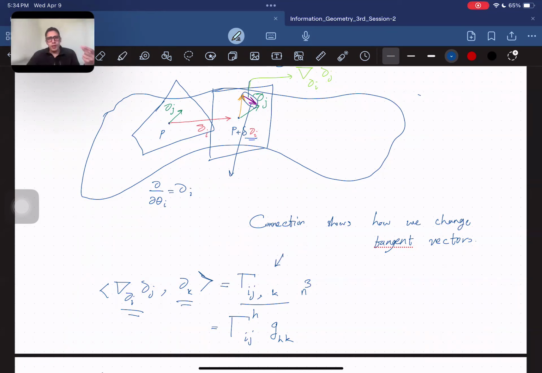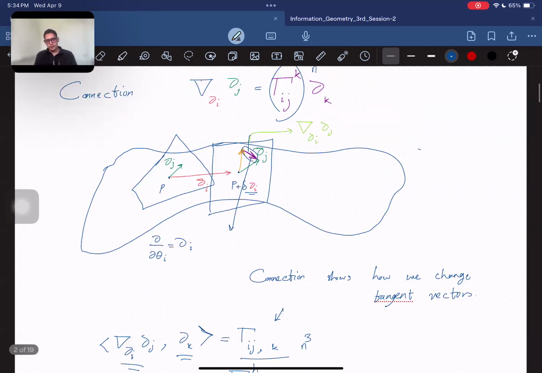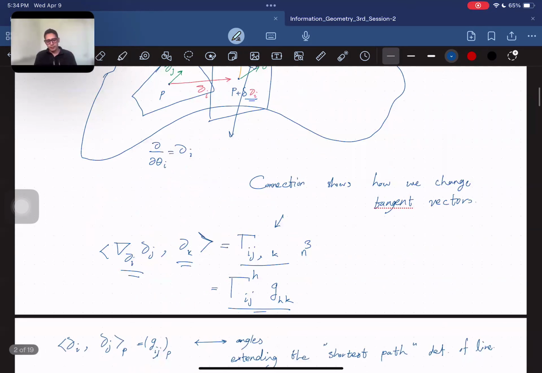And if you have the n to the power of 3 numbers, you can define your connection. And there is this relationship between these n to the power of 3 numbers and the following.